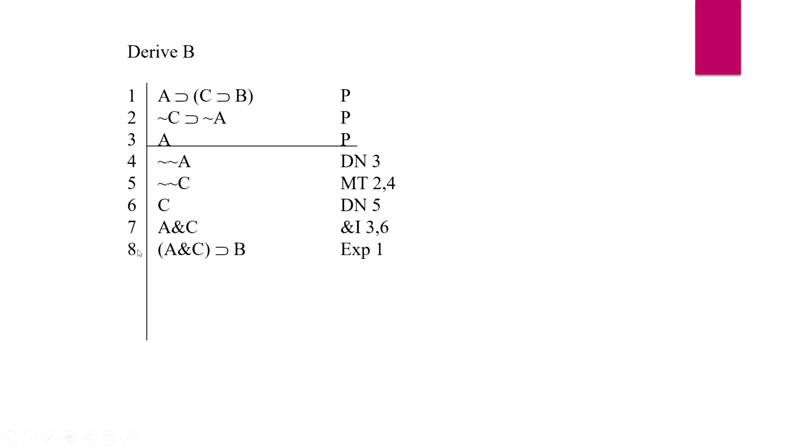So on line 9, we can get B via good old conditional elimination. And that's finishing this proof, right? We've used several of those rules of replacement and the inference rule modus tollens to get there.